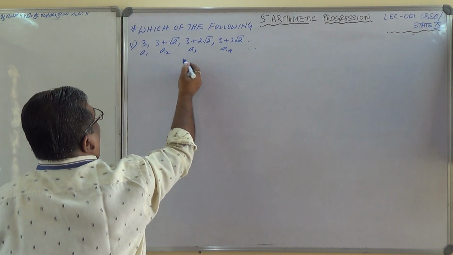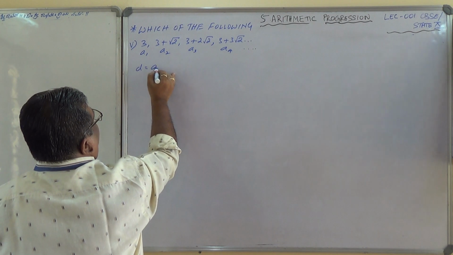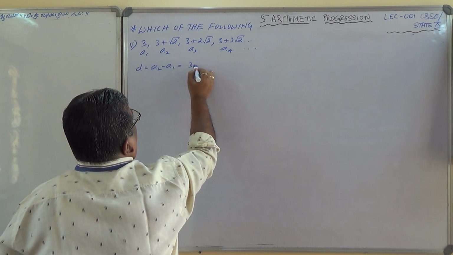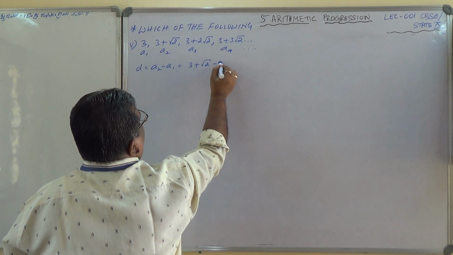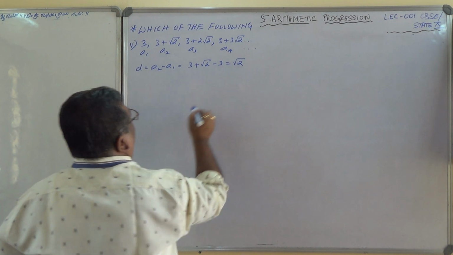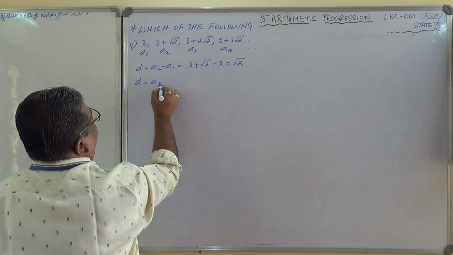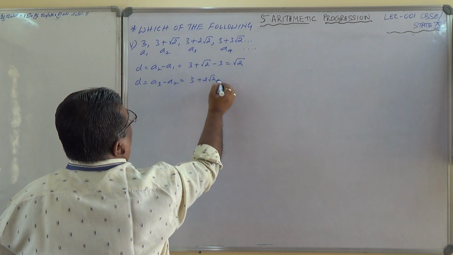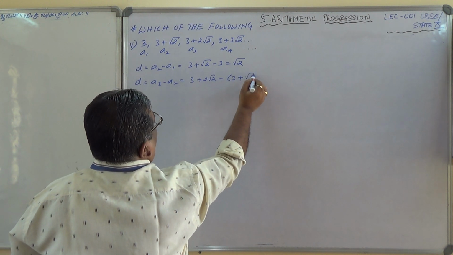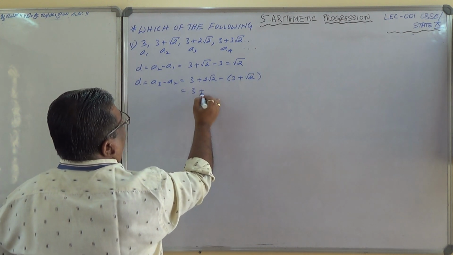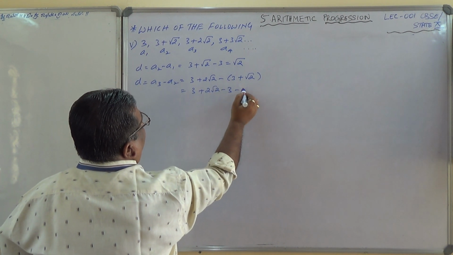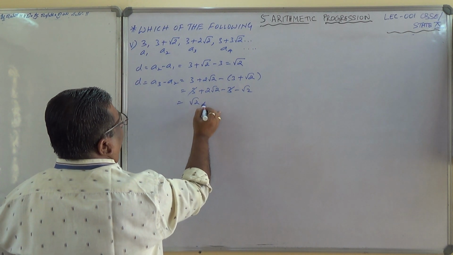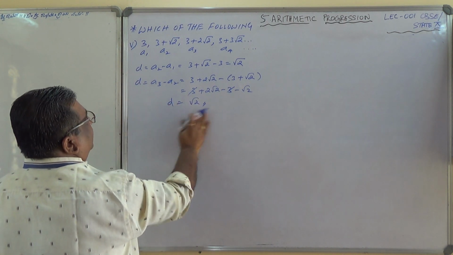So let us find out the common difference. D equals A2 minus A1, which is 3 plus root 2 minus 3, which is root 2. Now D equals A3 minus A2 equals 3 plus 2 root 2 minus 3 minus root 2. 3 cancels, 2 root 2 minus root 2 is root 2. So here also D equals this.